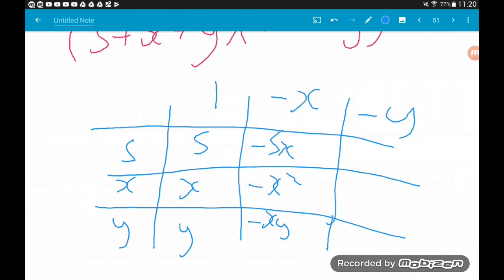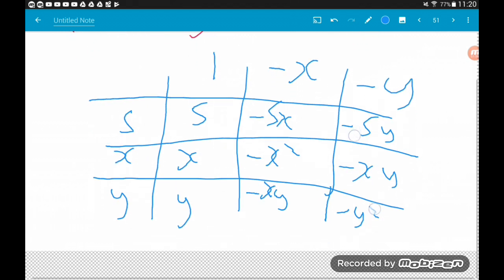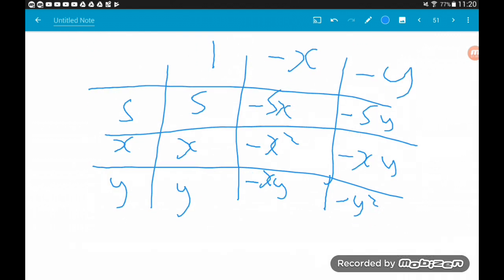And we've got 5 times minus y is minus 5y. x times minus y is minus xy. And then y times minus y is minus y squared. Good times.